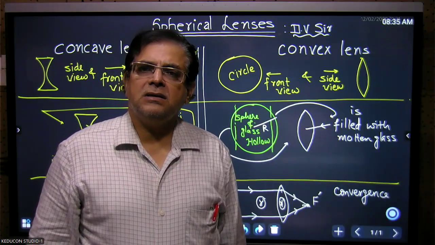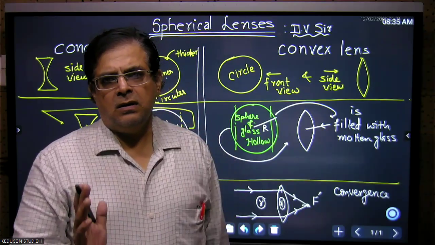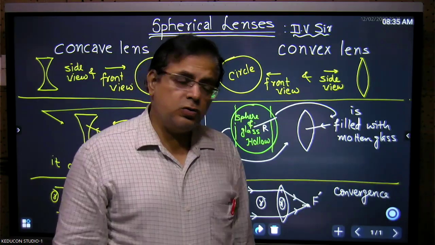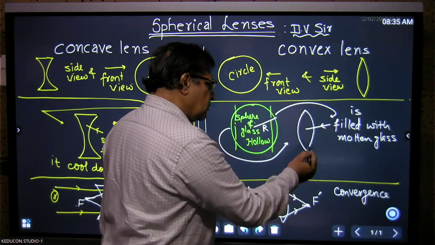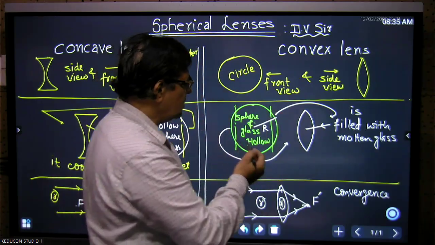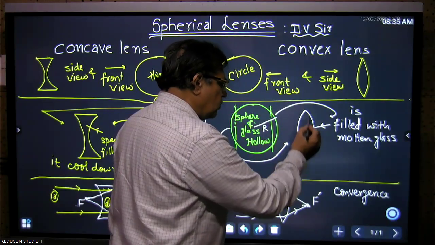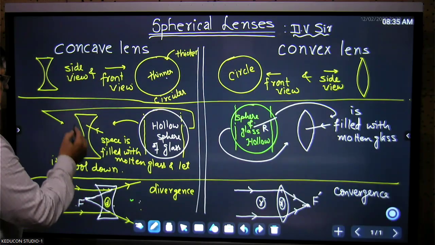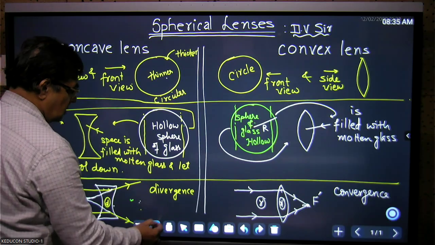But such lenses are manufactured only for special applications in optics. Usually, the left part and the right part of the lens are taken from the same glass sphere, such that the radius of curvature of both parts is the same. Similar is the case here. These two parts have the same radius of curvature.